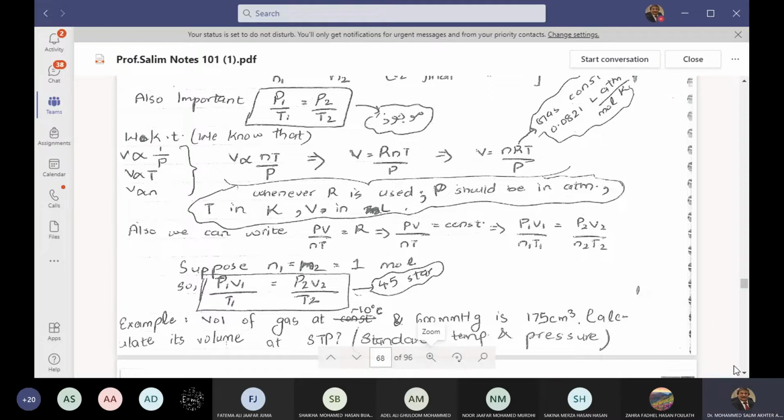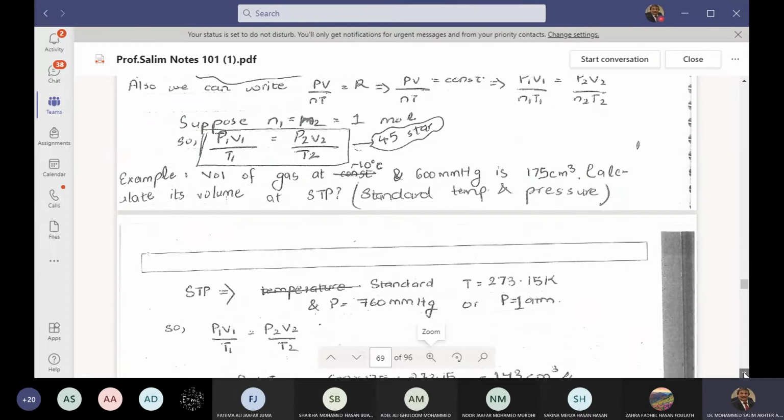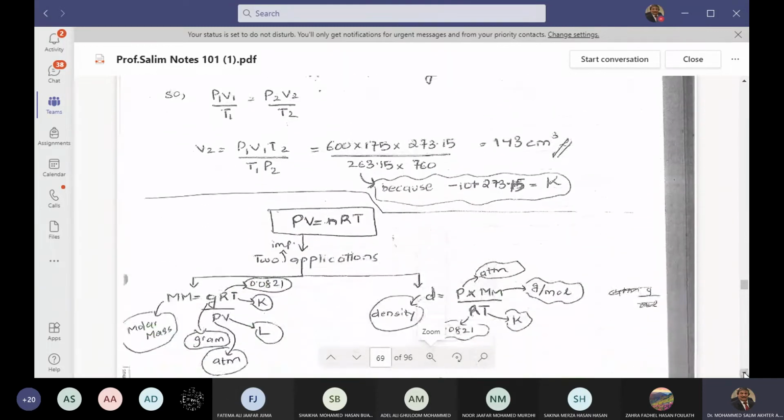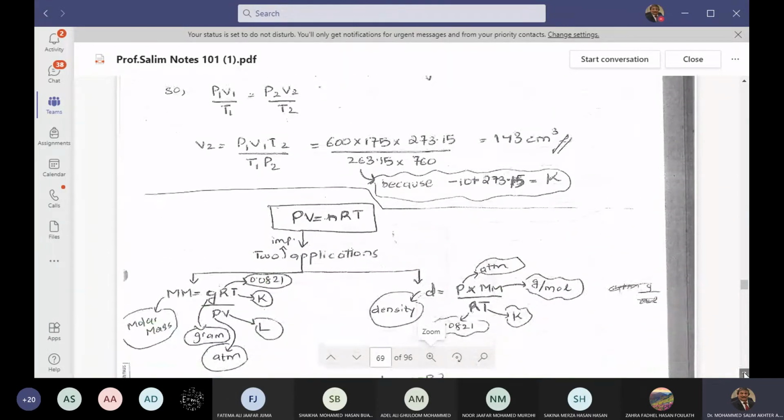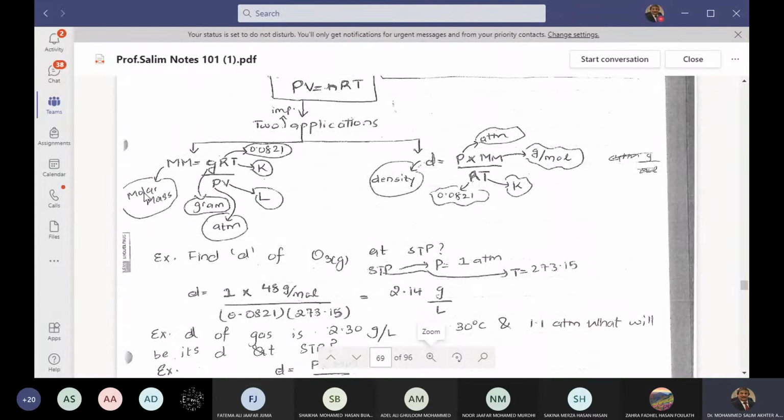Then we talked about the application of PV is equal to nRT. I gave you two equations. One application is to find out the molar mass of an unknown gas.